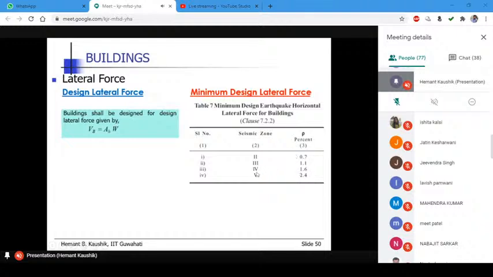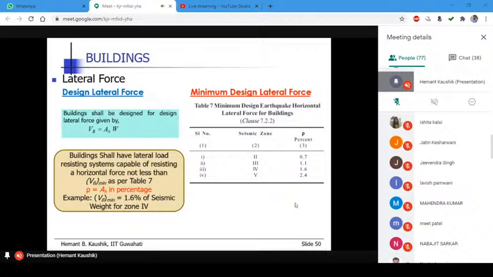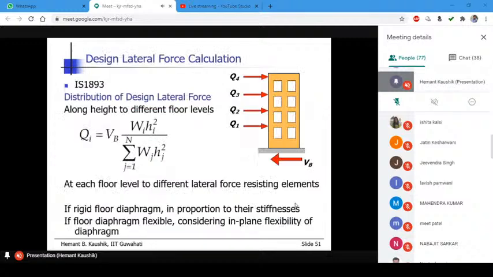So if your structure is in seismic zone 5, you cannot design any structure for less than 2.4% of the seismic weight. Okay, so this is the value given in the code. So you do whatever, but the minimum design force will always be 2.4% of this W value. This is the same thing that I just spoke.